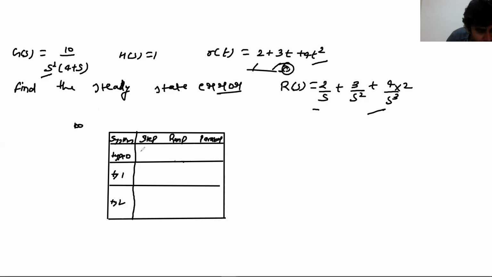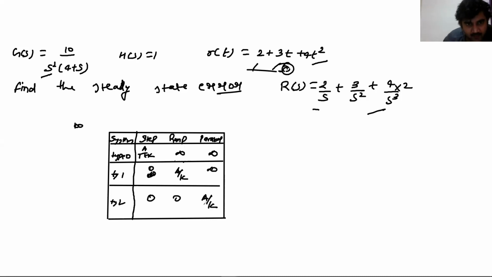So your error will be, for a type 0 system, here error will be infinity. Here error will be infinity. Here error will be 0. Here error will be A by K. Here infinity, here 0, 0, A by K.